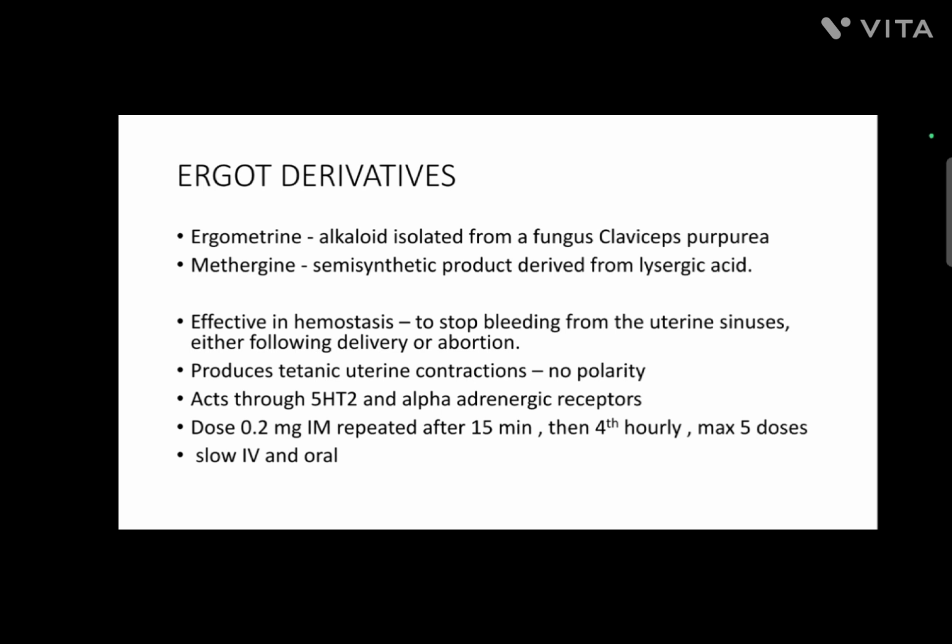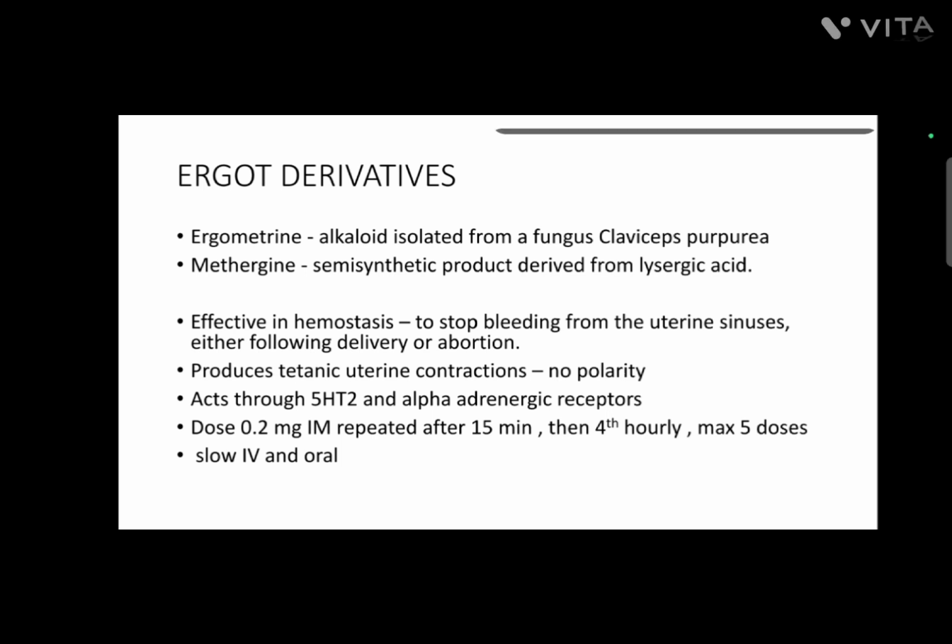Remember two things. If it is derived from a fungus, then it is an ergometrin derivative. If it is derived from lysergic acid, a semi-synthetic product, then it is methergin. But the mechanism of action remains the same, the dosage remains the same, the action remains the same. These drugs are going to stop the bleeding from the uterine sinuses following the delivery or following the abortion.